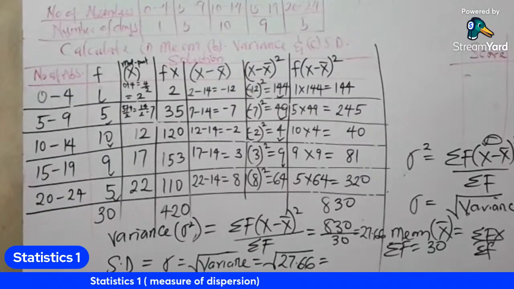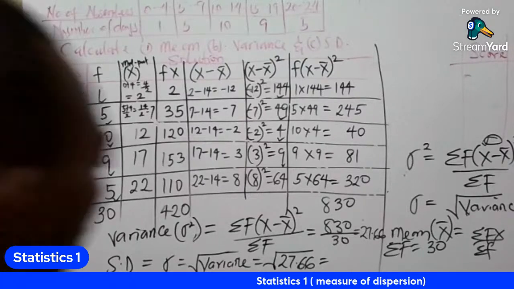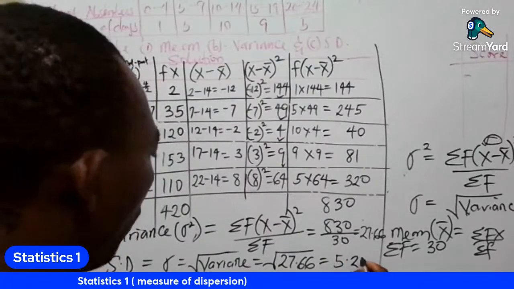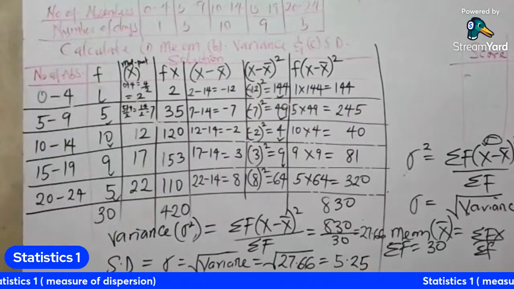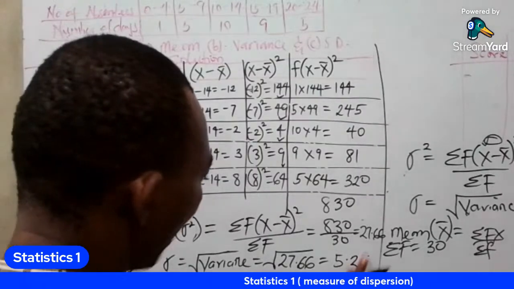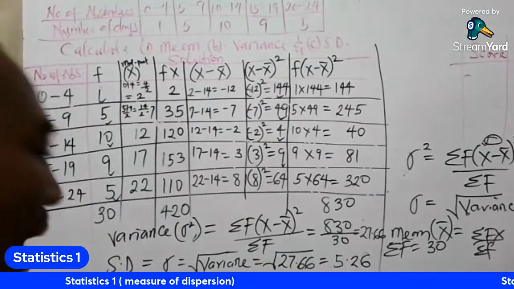Just go back to your calculator and press square root of 27.66, and that will give me 5.25, or approximately 5.26. So that is the final answer.